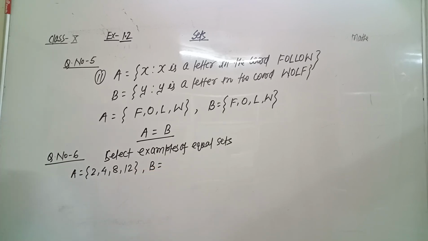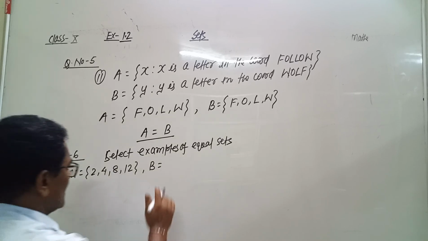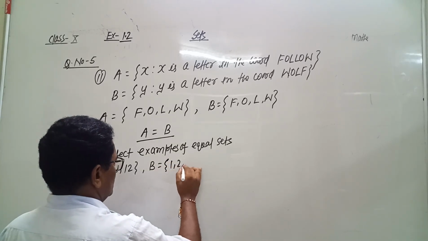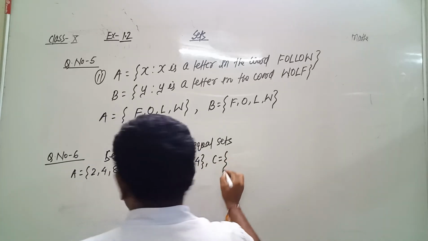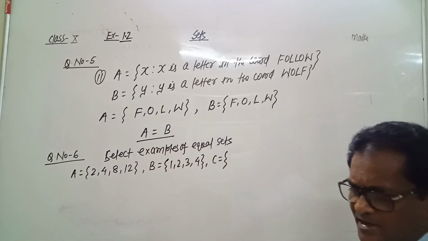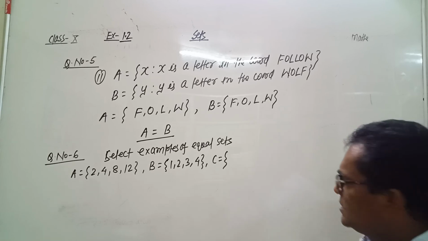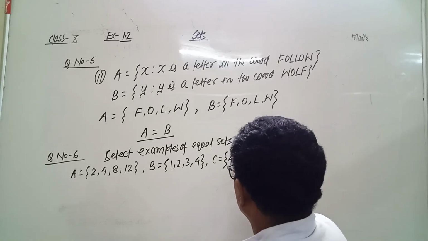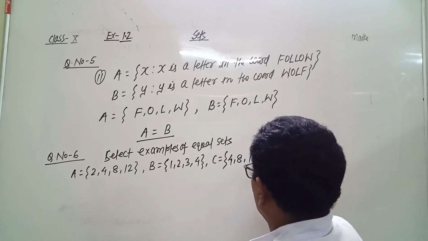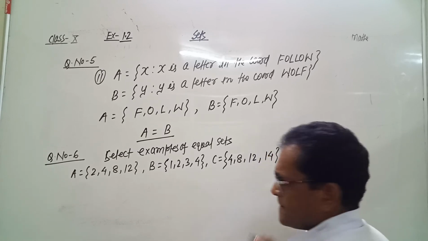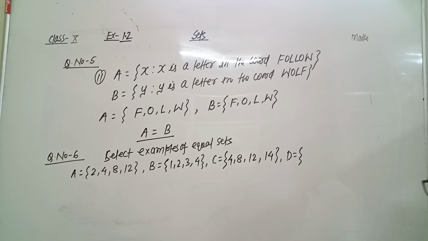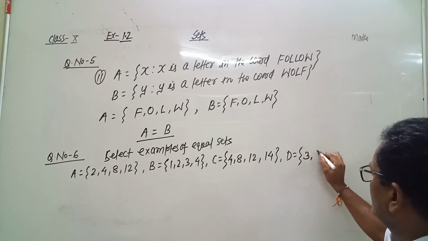Then set B equals {1, 2, 3, 4}. And set C equals {4, 8, 12, 14}. And set D equals {3, 1, 4, 2}.